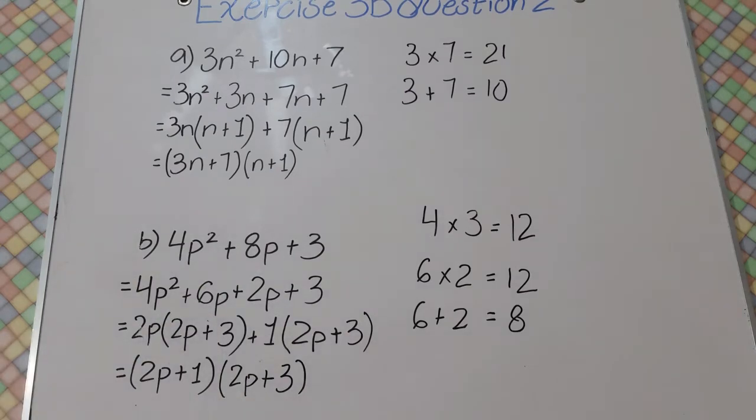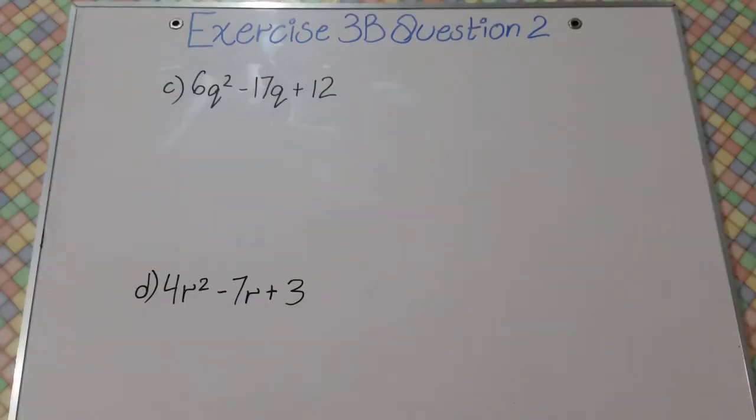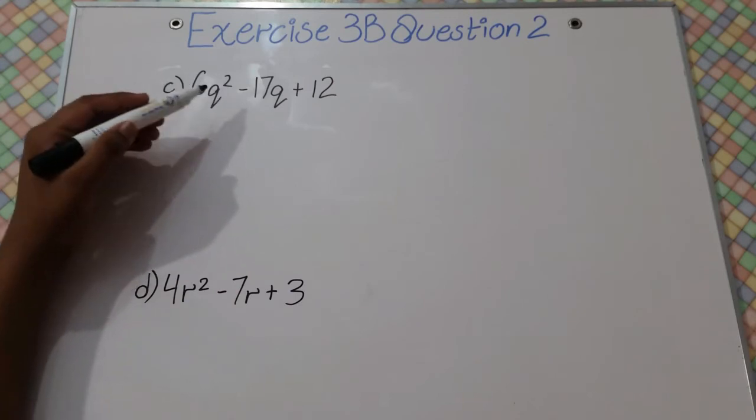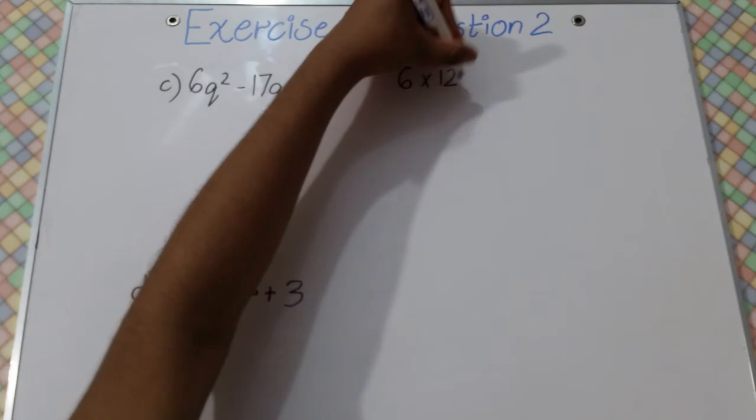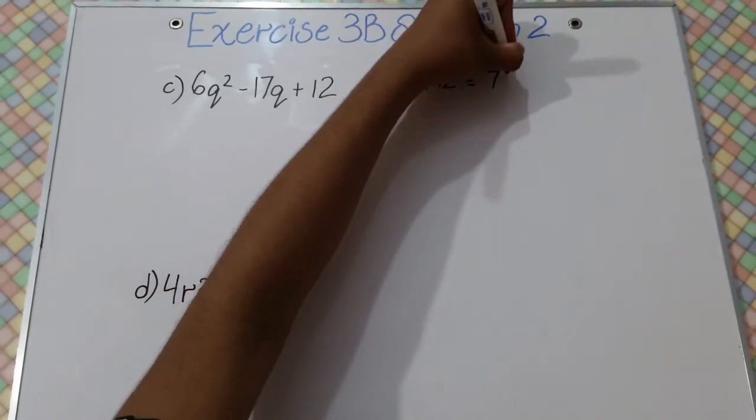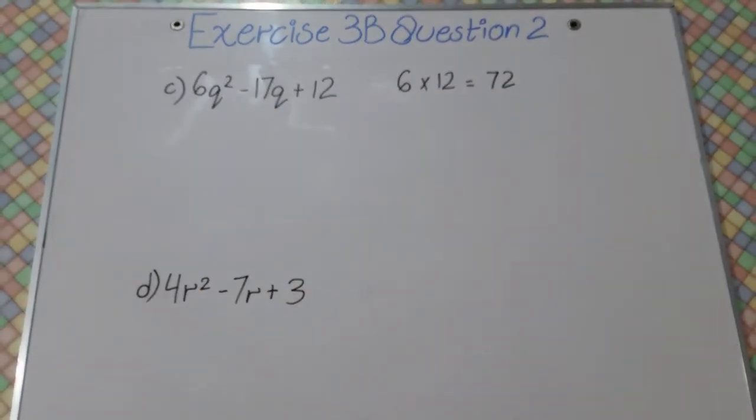Now let's solve the rest of the question also. Over here I have written part C. First of all, I'm going to multiply 6 with 12. 6 multiplied by 12 is 72. Now we need to find two numbers which by multiplying give 72, and by adding or subtracting give 17, which is the middle number.